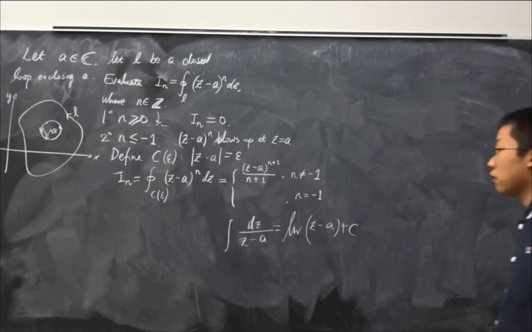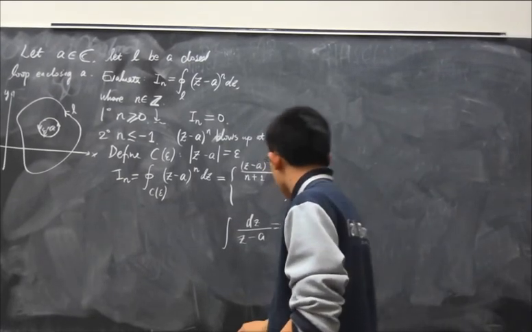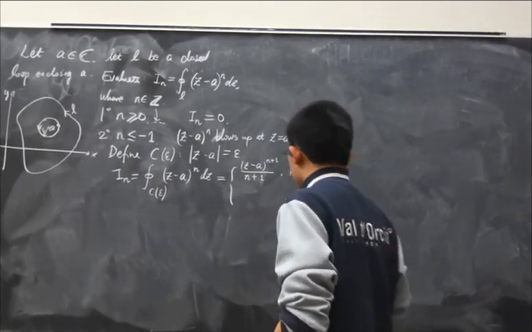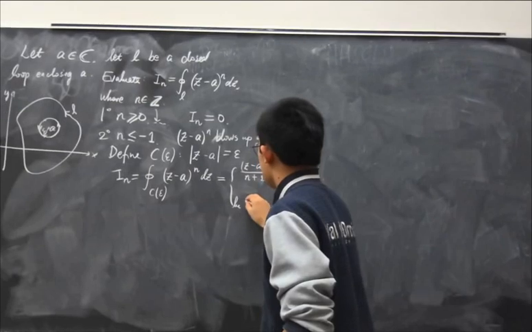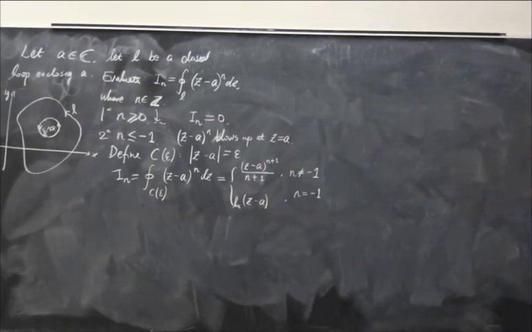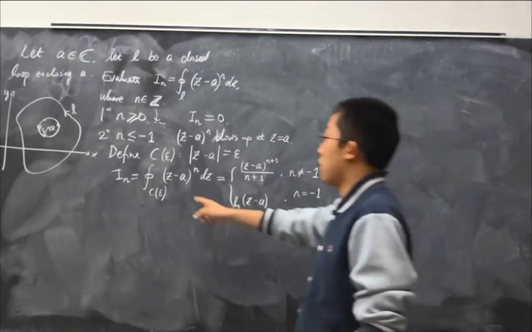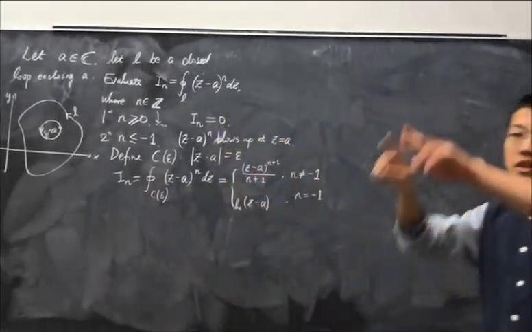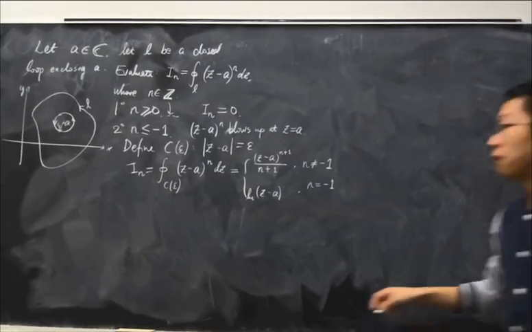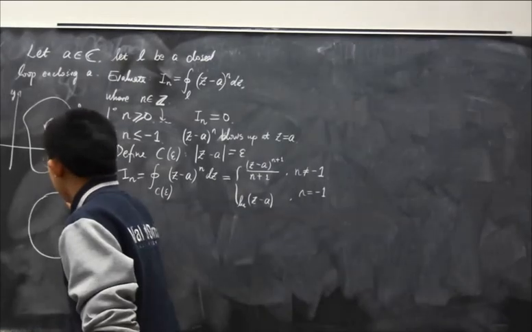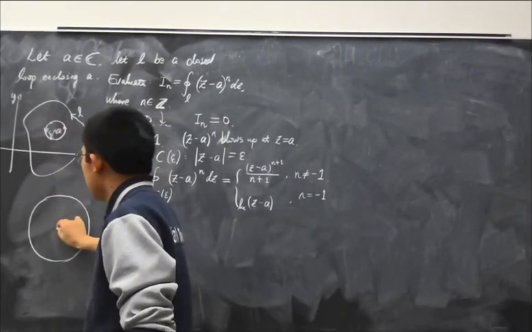I'll write it in here. So we're doing this for the whole loop. Now we have to think about a way to represent this whole loop, right? On this loop, the radius is always epsilon, it's fixed.